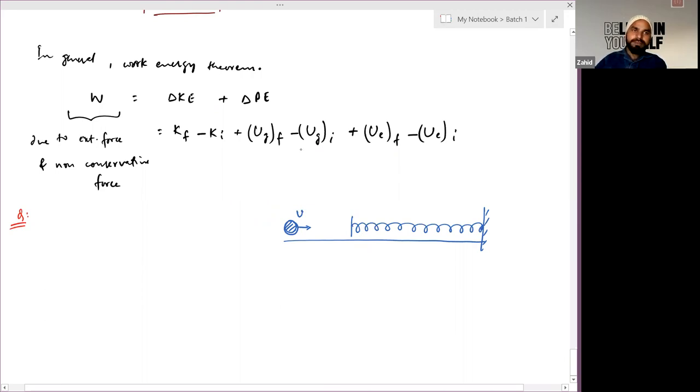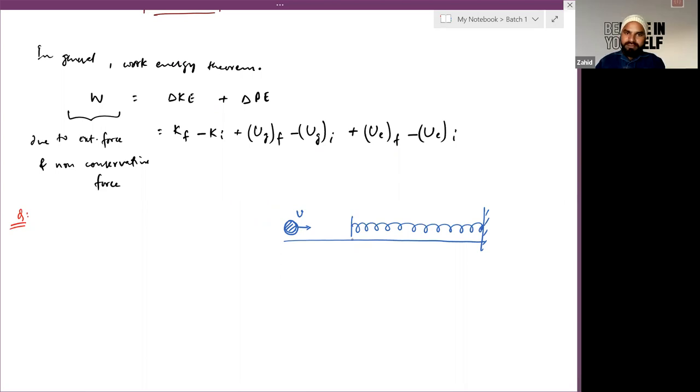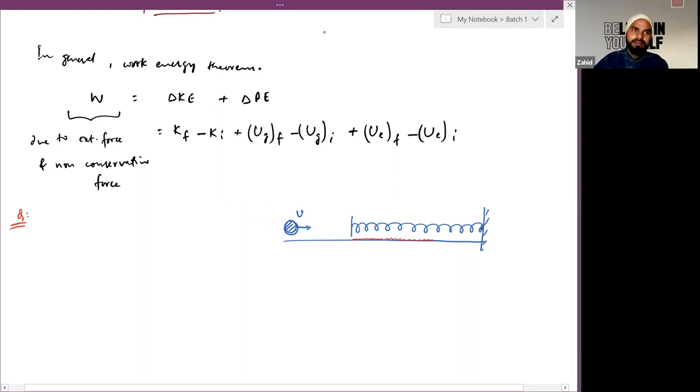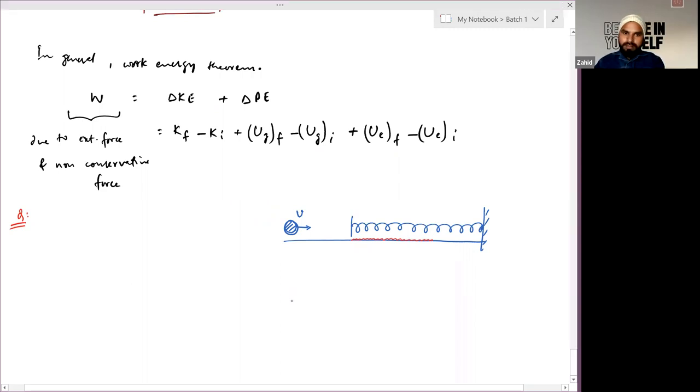Now suppose there is a rough surface on this path which offers some friction. We have to calculate the maximum compression in this spring by this ball. Let it be to this point.